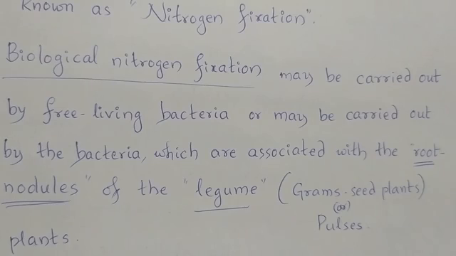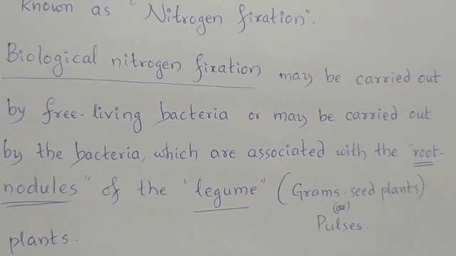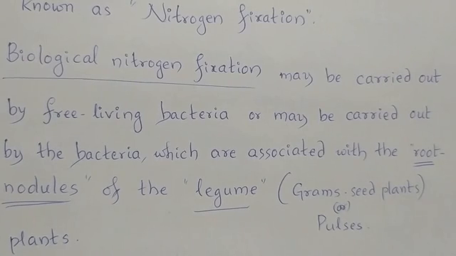Where do these bacteria associate with the roots? These roots have special dot-like structures called nodules. The root nodules of some special plants, known as legume plants, because they belong to the plant family Leguminaceae.